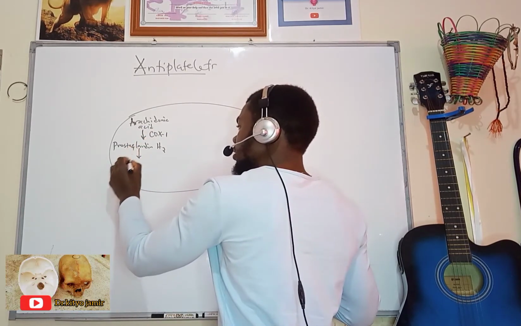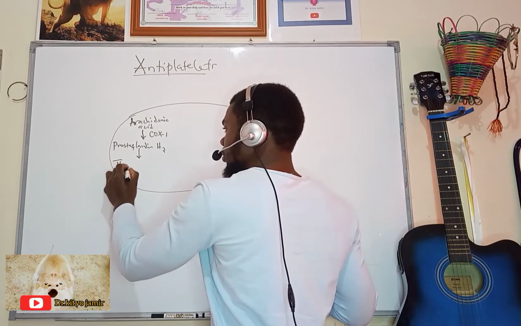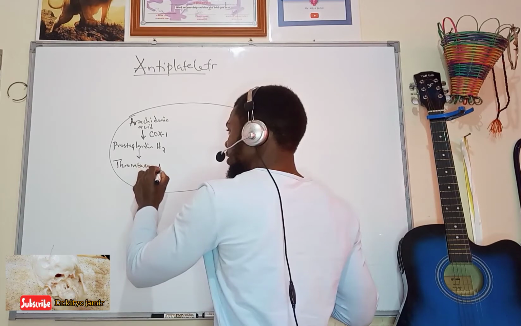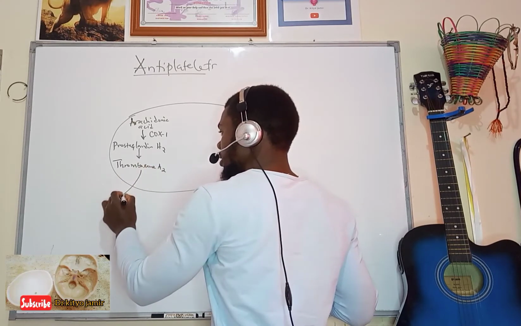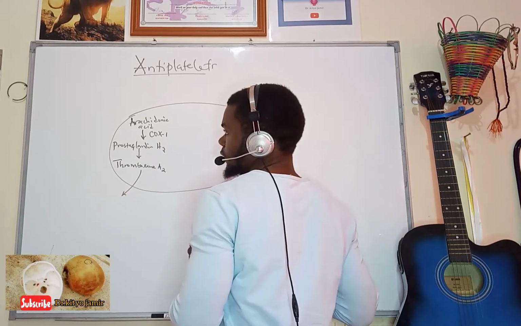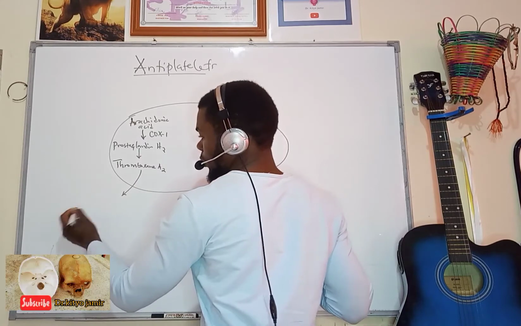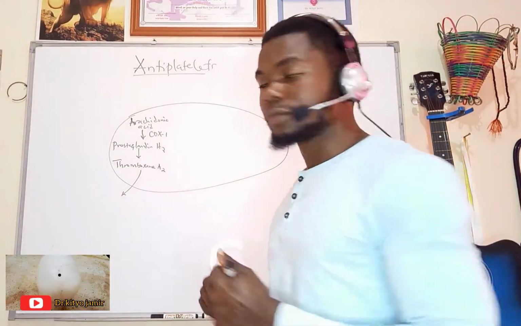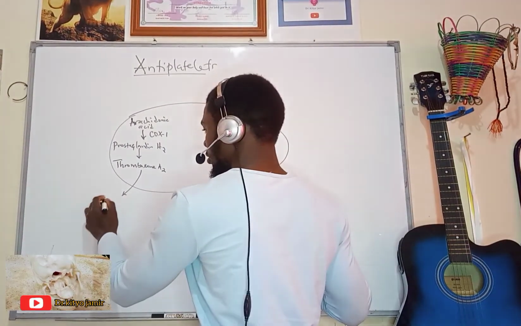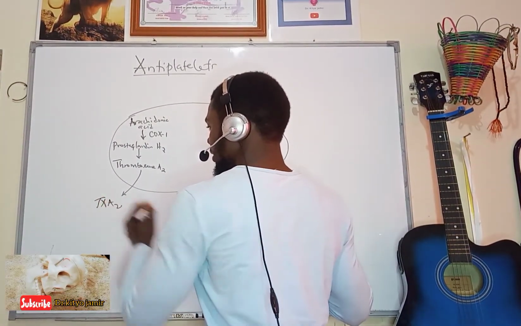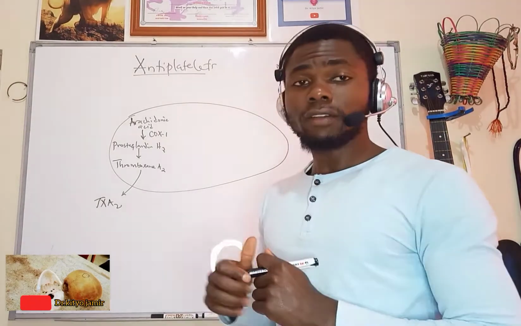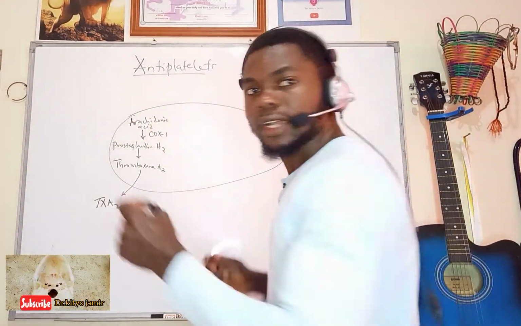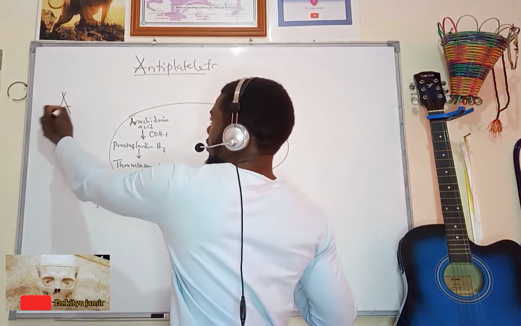Then this prostaglandin is going to be converted to what we call thromboxane A2. And this one is going to be released outside of the platelet to cause aggregation of platelets and activation of other platelets. So we have a drug which targets this cascade of reaction, and that drug is called what?